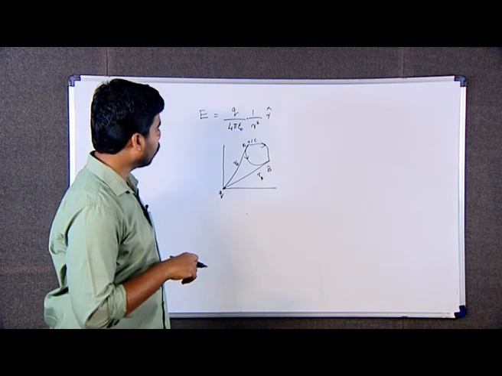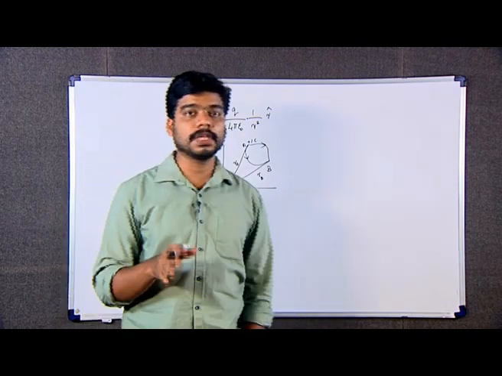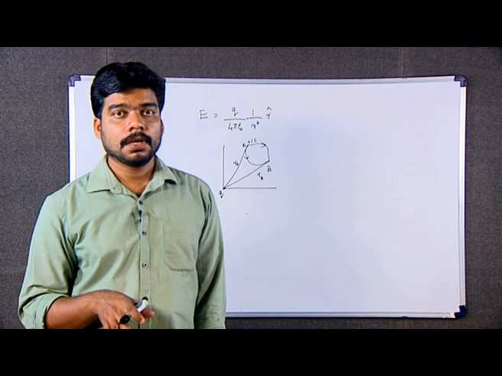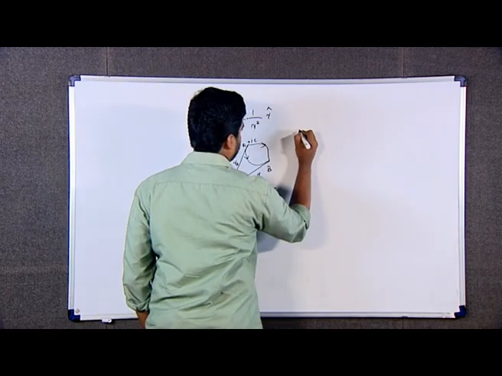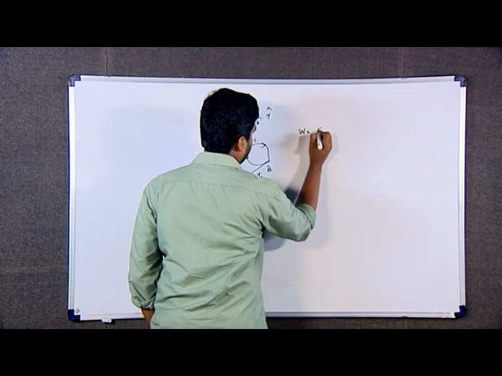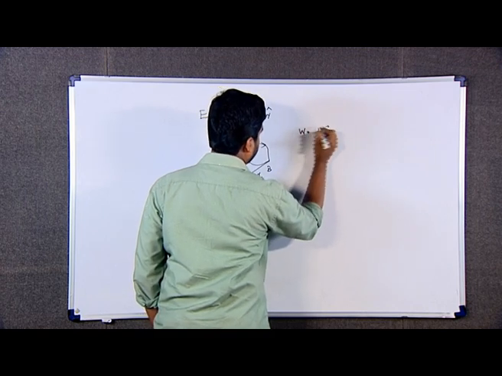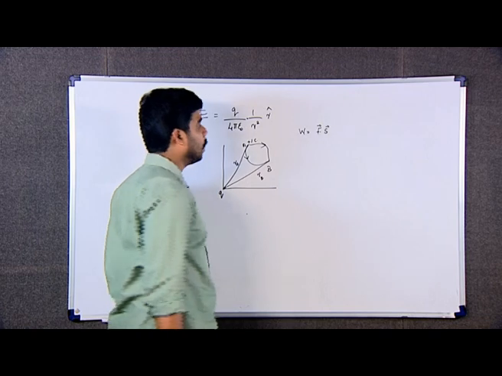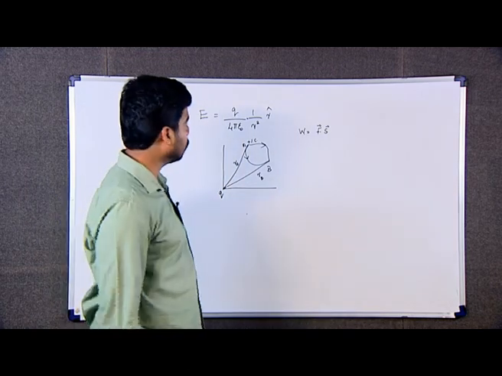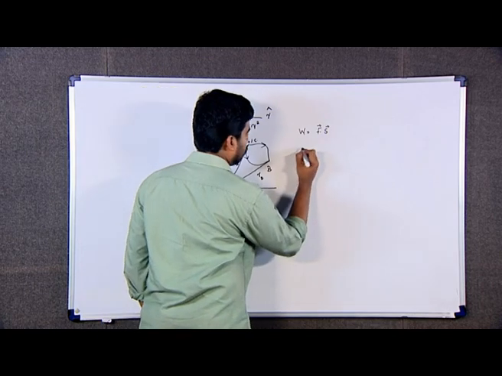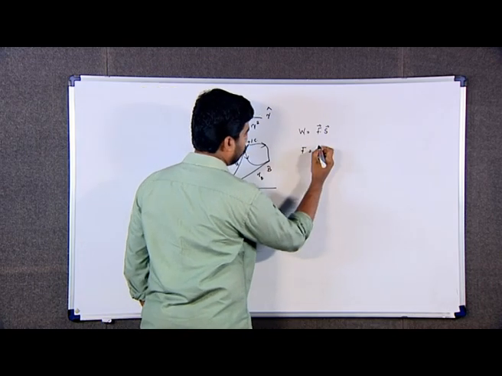So, what is the total work done in moving this charge? We know that W is equal to F dot S. This is the basic equation for the work done. The force developed is equal to the electric field, since it is a plus 1 coulomb charge.